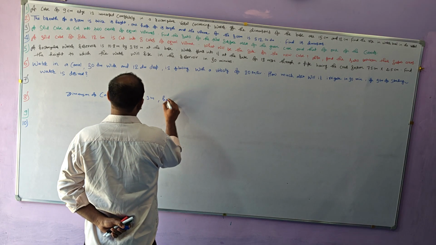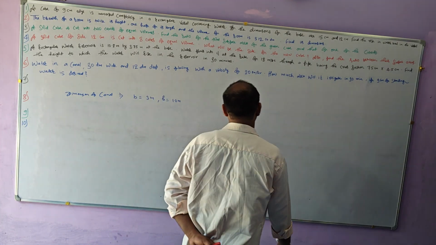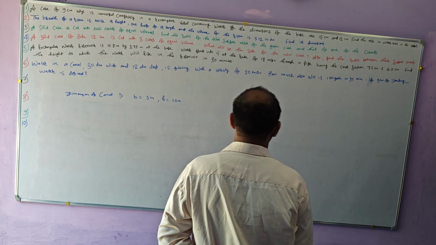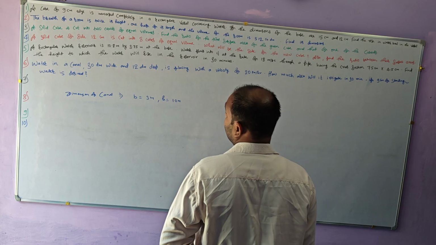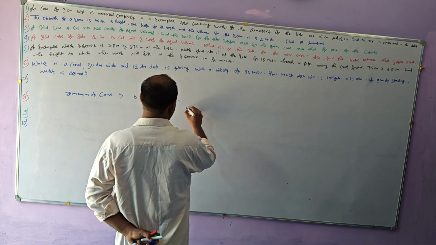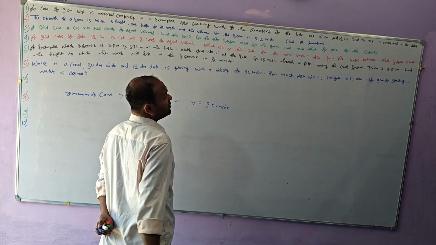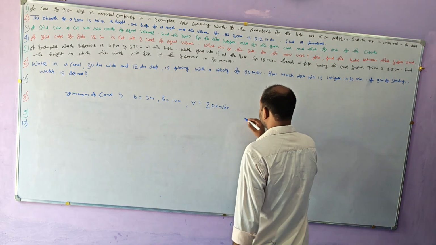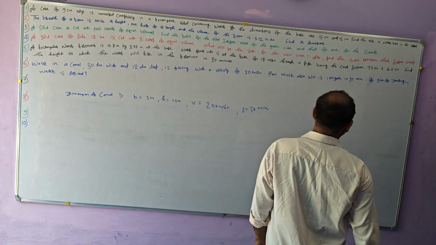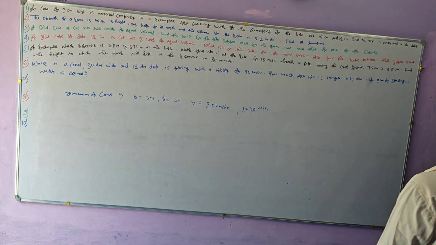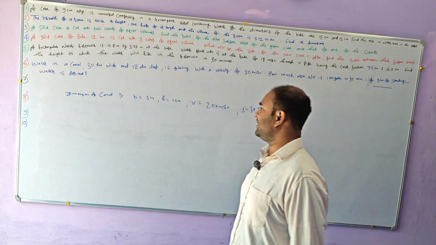And deep, H is equal to 1.2 meter, is flowing with a velocity V, 20 kilometer per hour. V is equal to 20 kilometer per hour. T is equal to 30 minutes, and there is a height of 9 centimeter desired of water.